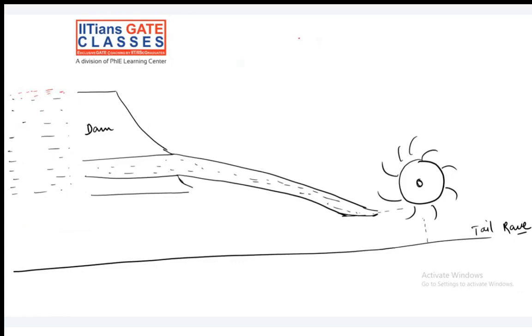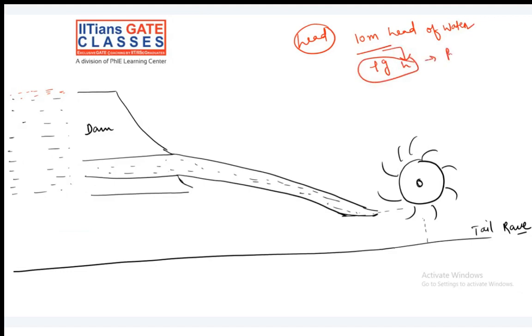So you understand what I mean when I say head? If I say 10-meter head of water, then if you multiply it by specific weight, that is rho g multiplied by h, it gives you the pressure at that place.